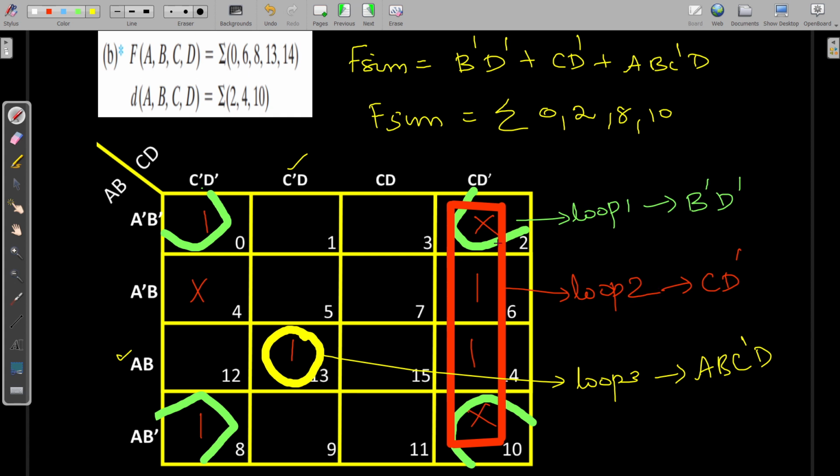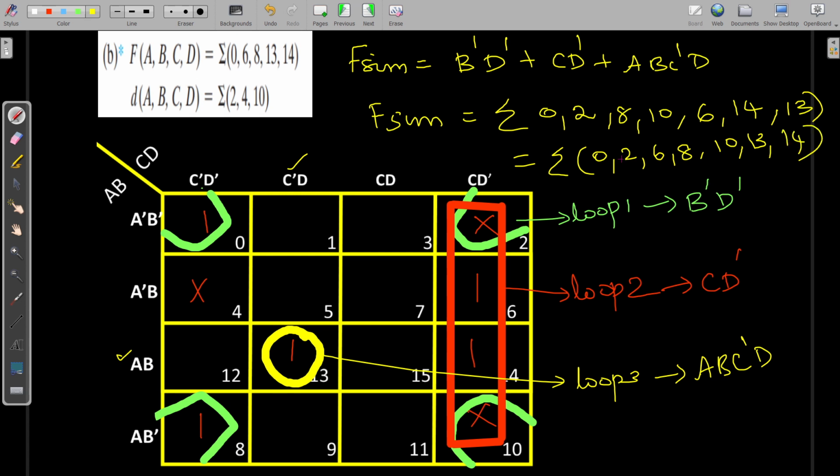Then loop 2 covers 2, 6, 14 and 10. 2 and 10 are already written, so we can write 6 and 14. Then this one is covered by 13. If you want, you can rearrange them as sigma 0, 2, 6, 8, 10, 13 and 14. So this is the answer.